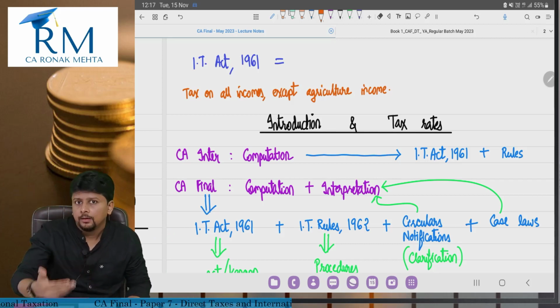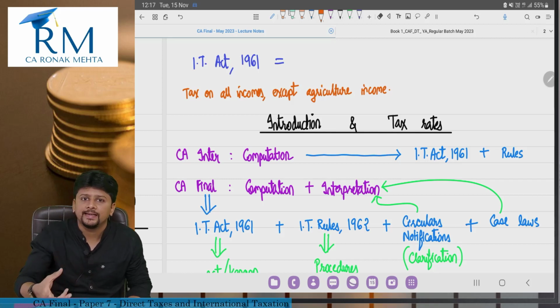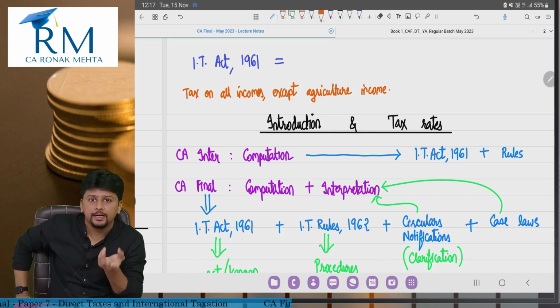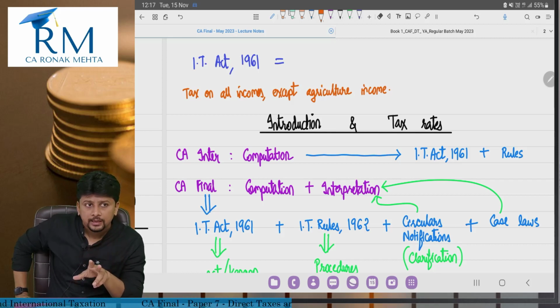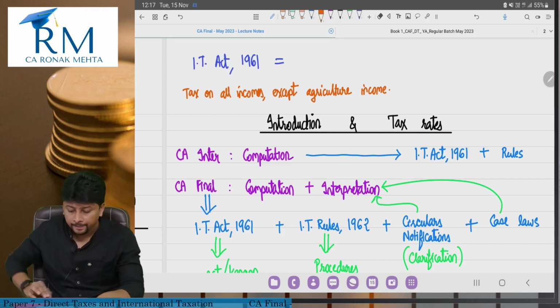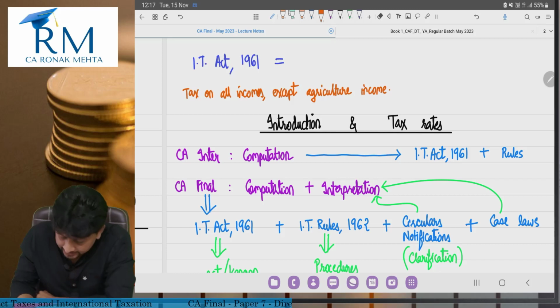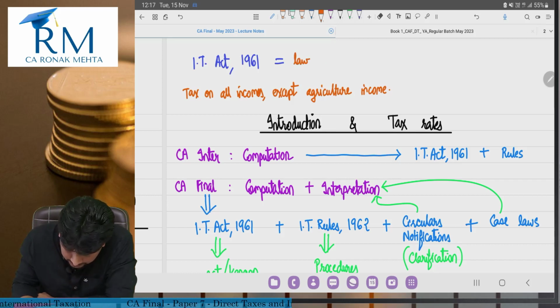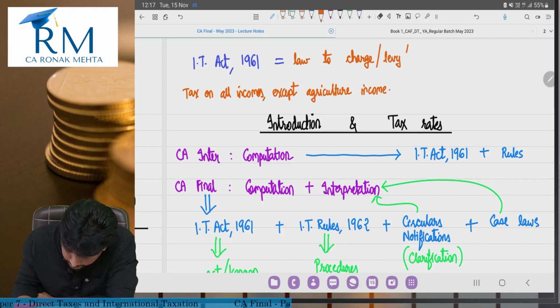But then what is the Income Tax Act? Why is the Income Tax Act created? The Constitution of India gave power to the central government that you can create a law to impose and collect income tax. That means the Income Tax Act 1961 is a law to charge, to levy, to impose income tax.